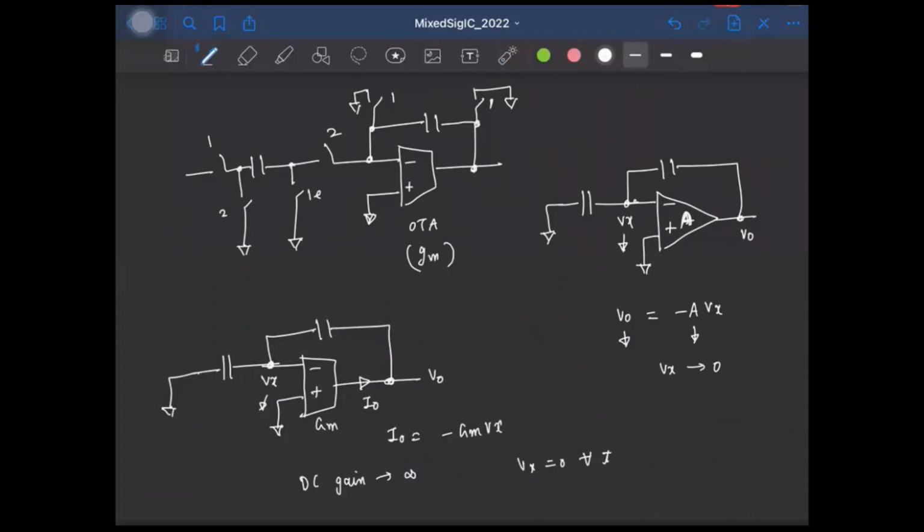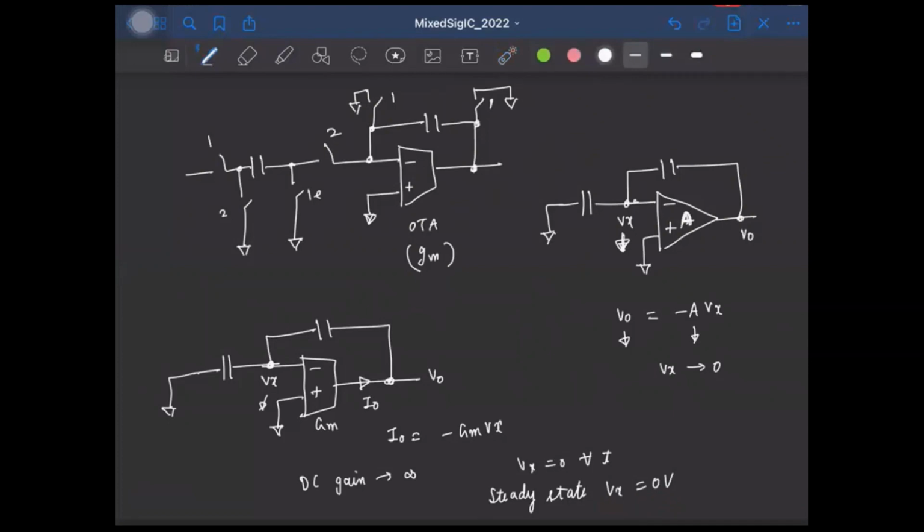And one thing we can say is the following: since the DC gain is infinity, the steady state voltage of Vx will be 0. So unlike a voltage controlled voltage source where this voltage Vx was 0 at all time instants, with an OTA, the voltage Vx only in steady state reaches 0 volt.